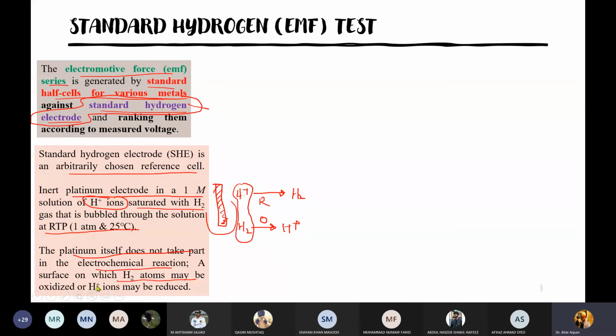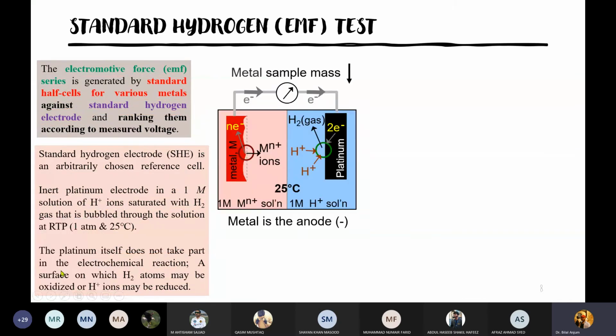So what could happen is, once you connect this hydrogen electrode, this is your hydrogen electrode, to any metal, the possibility could be that the hydrogen electrode becomes the cathode, and the metallic system or the metallic electrode becomes the anode.